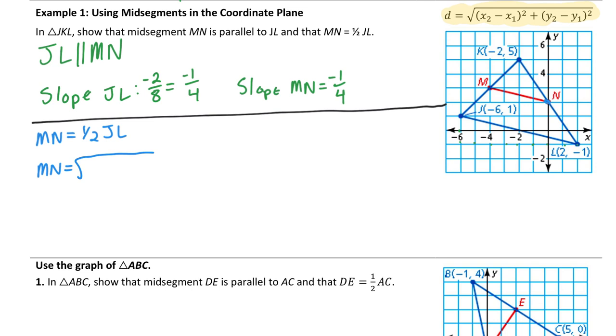Because N has an x value of 0, 0 minus -4 is 4, so I would do 4 squared. The connection I want you to make is that I get that 4 right there. So when I find this distance, I'm getting 4 squared, the horizontal length. If I do y2 minus y1, it would be 2 minus 3, which would be -1, which is what I get from here in the slope. So -1 squared. So 4 squared is 16. 1 squared is 1. 16 plus 1 is 17.